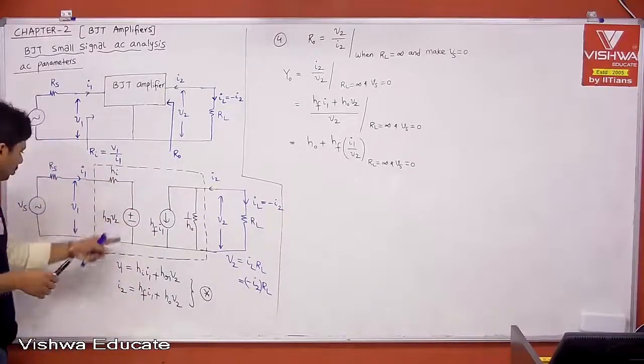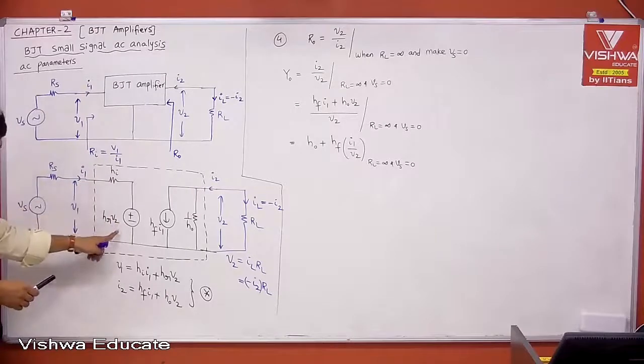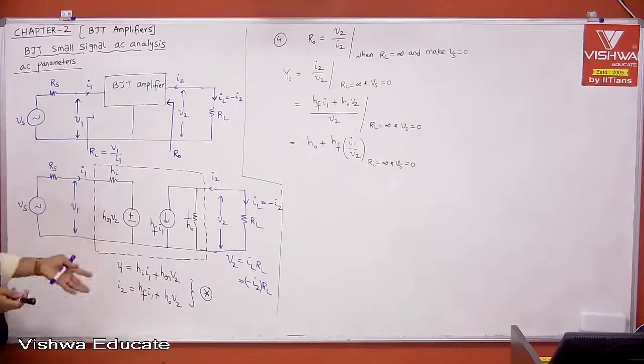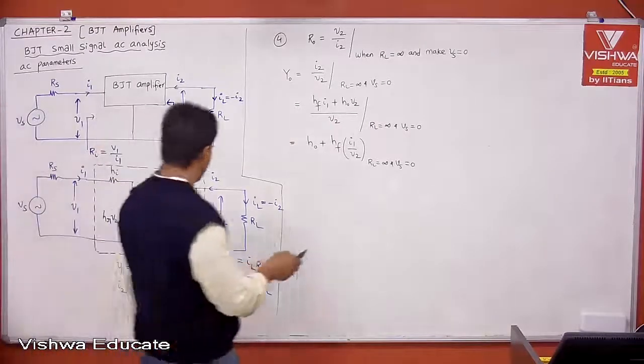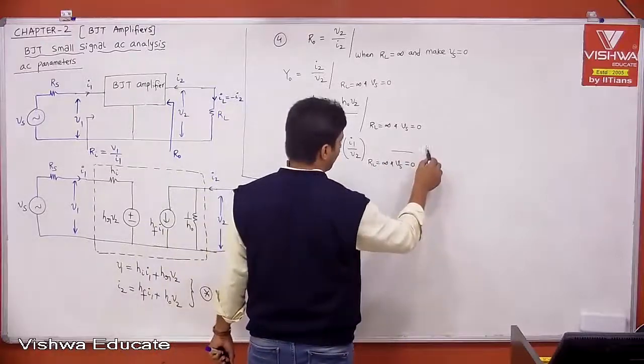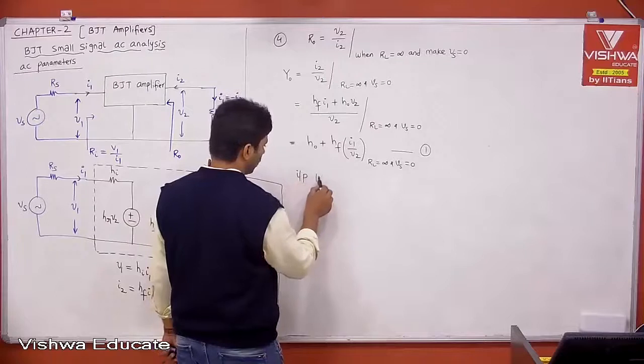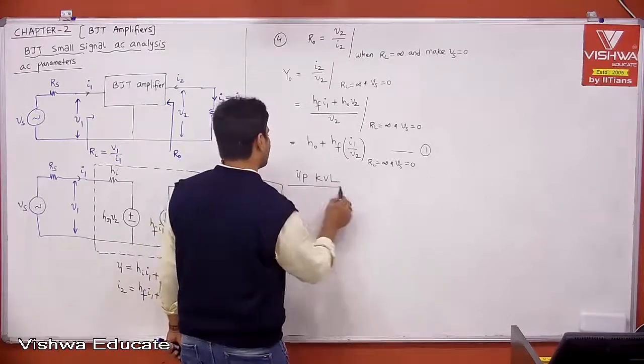If you take the input loop, I1 is here, V2 is here. Therefore, let us apply input KVL, then substitute Vs equal to 0, then we can get the relation between I1 and V2. Therefore, you can take this as equation 1. We will come back to this. Now, let us apply input KVL. What is input KVL?